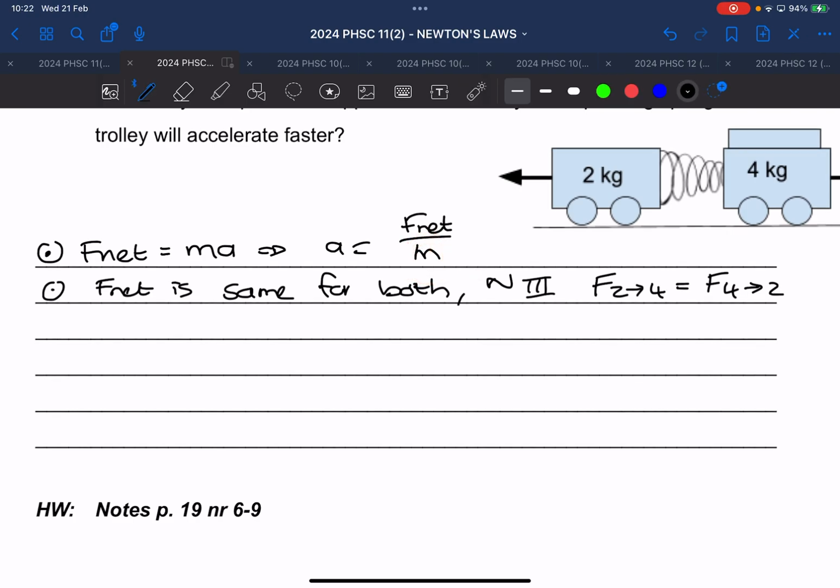Okay, we see from this formula that acceleration is inversely proportional to the mass. That is also in Newton's second law. That means that the smaller mass will accelerate faster.